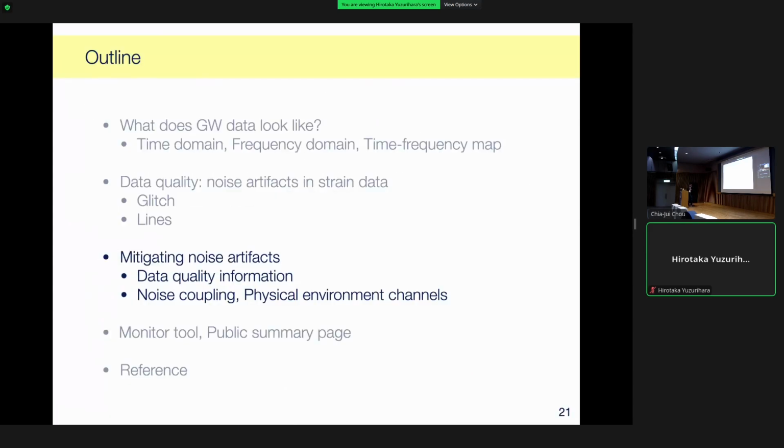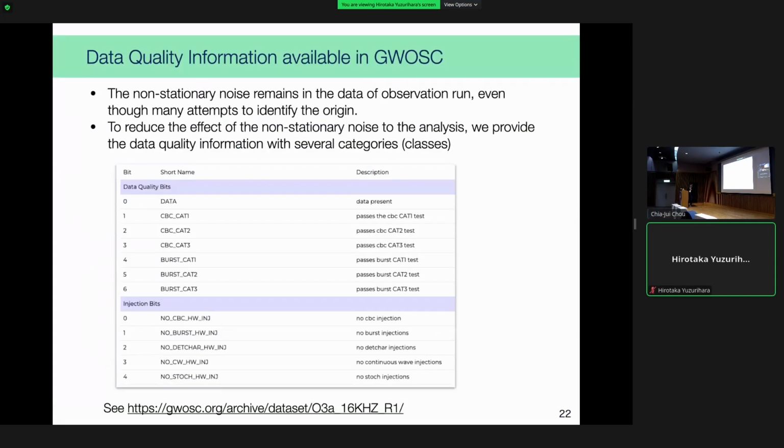Page 21. Next I explain mitigating noise artifacts. Until now, I introduced non-stationary noise. Before starting an observation run, interferometer experts try to identify the cause of non-stationary noise and remove the cause or source as much as possible.